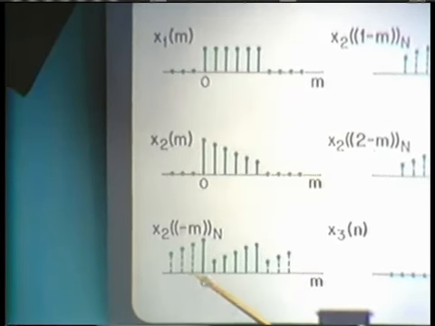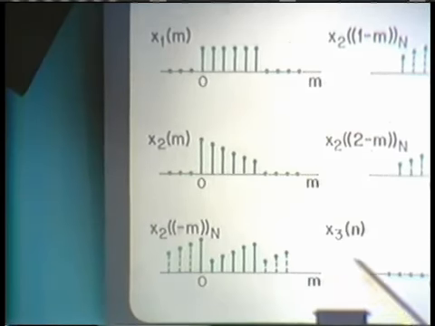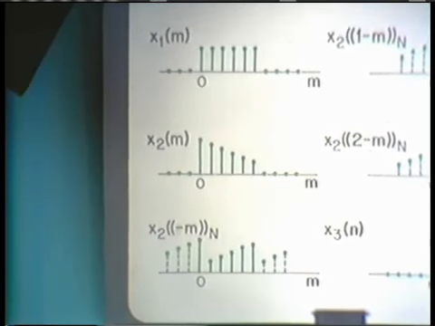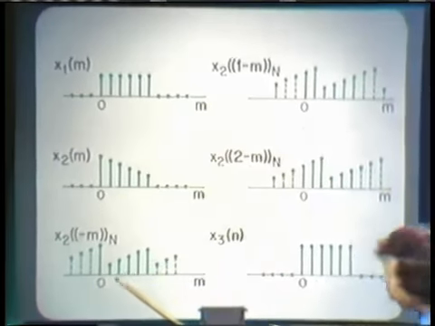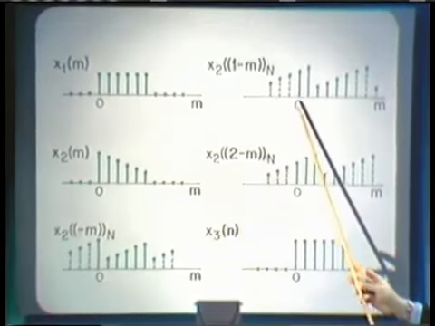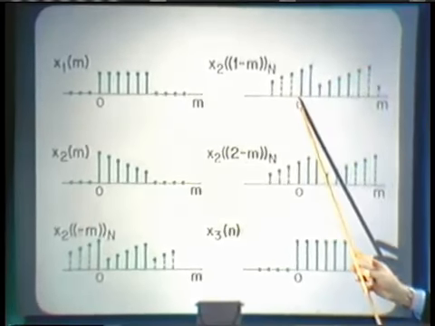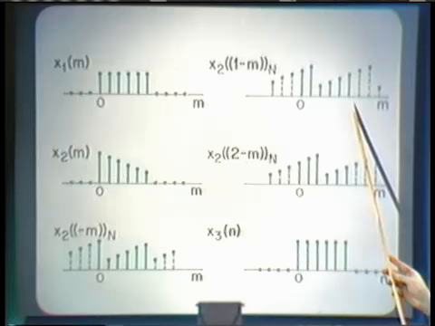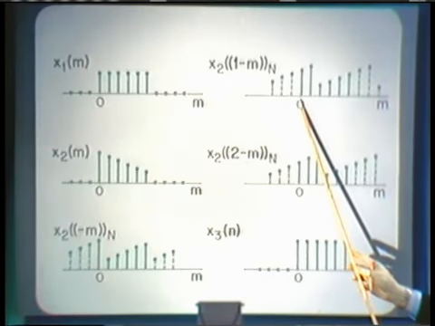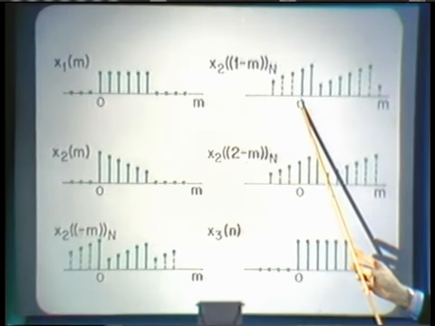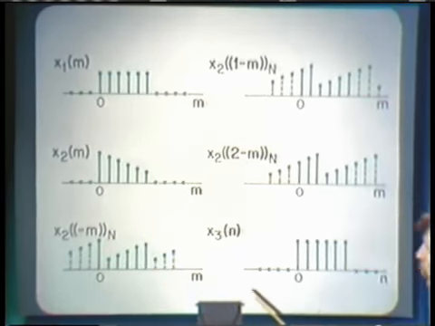If we shift this periodic sequence by one value to the right, then we end up with this periodic sequence. Again, concentrate on the range 0 to capital N minus 1, and you can see that that is a circular shift of 1 point of one period of this periodic sequence.